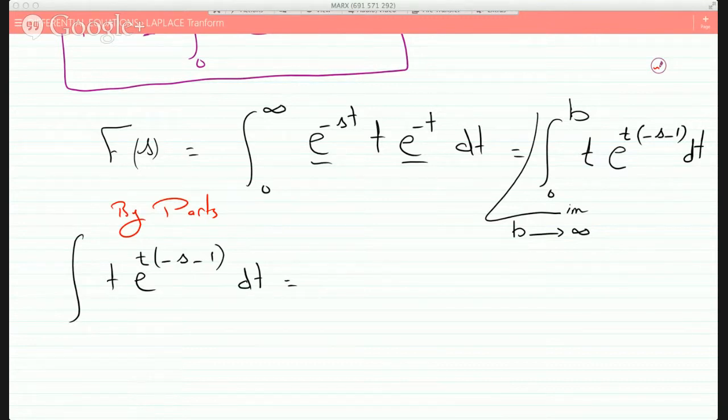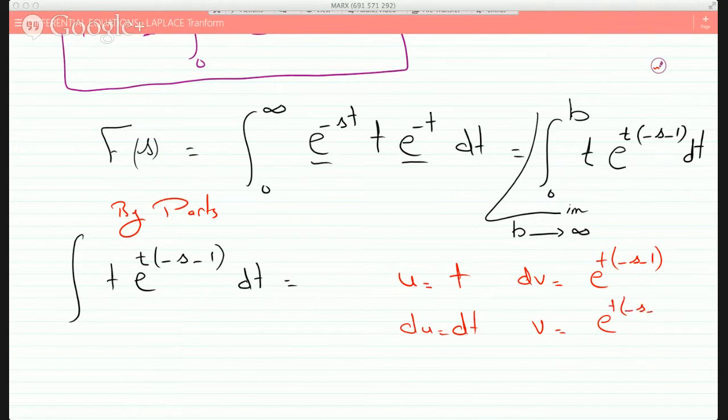You remember how to label, yeah? u is t, and dv will be e to the t times minus s minus 1, which makes du to be dt and v to be the same, e to the t times minus s minus 1 divided by minus s minus 1.